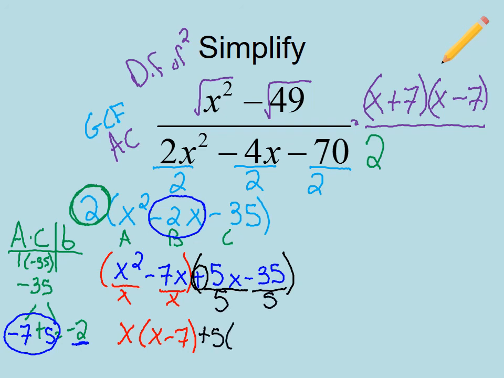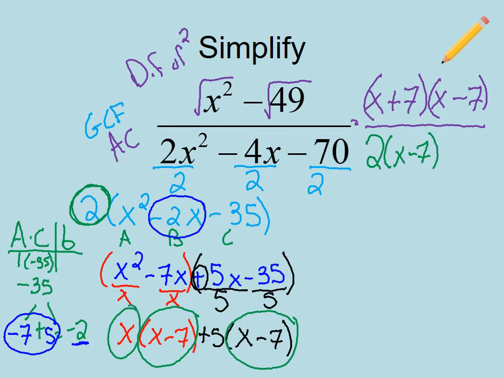Positive 5, and I'm left with x minus 7. Now this is great because these 2 are the same. So I'm going to write those as one of my factors. I have x minus 7.